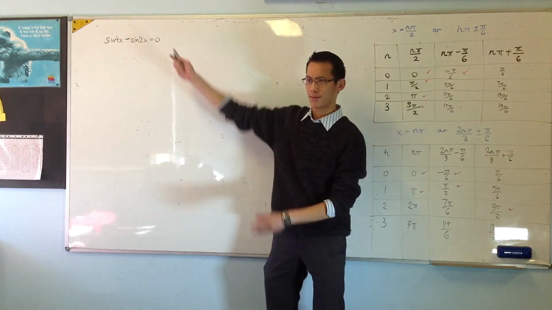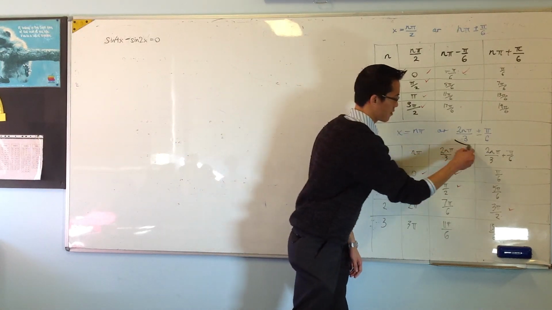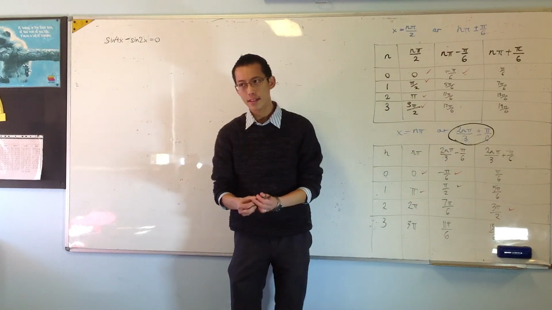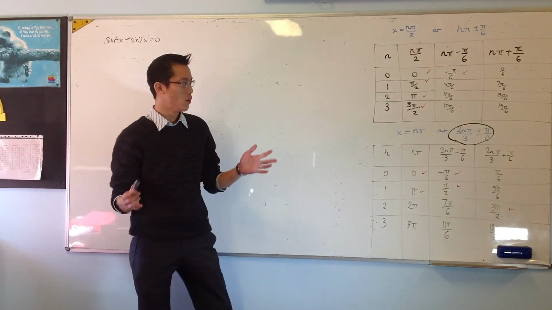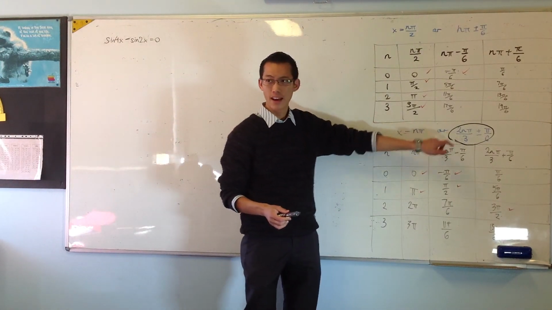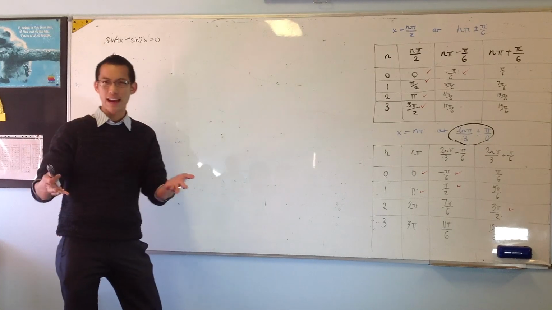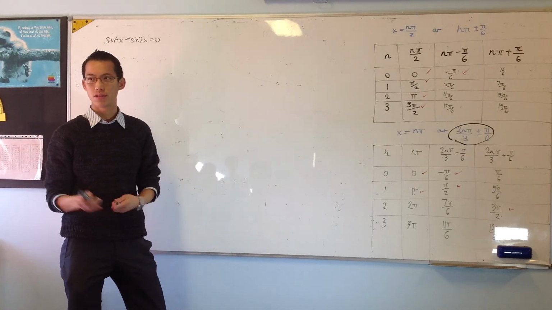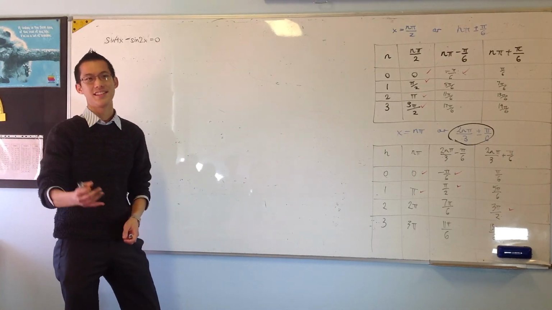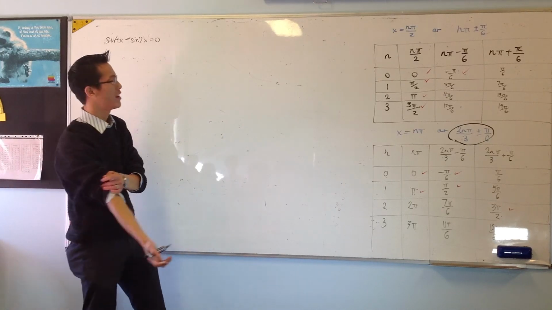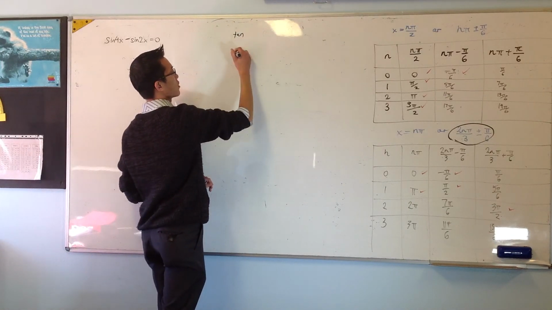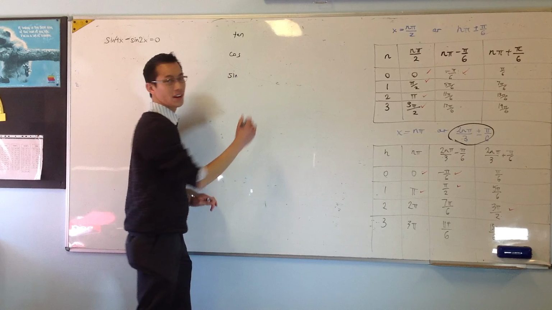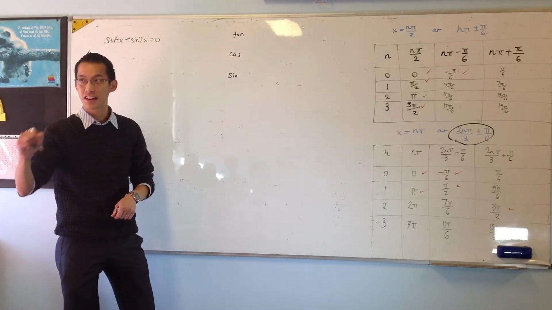Actually, before we look at how to solve this, let me draw your attention back to this. I said the clue, the hint, was all about that 3. That gives you a hint as to what identities you're going to need to use. Recall with me, this is only the third lesson that we've known our general solution forms. So for tan, cos, and sine, what are the general solutions?